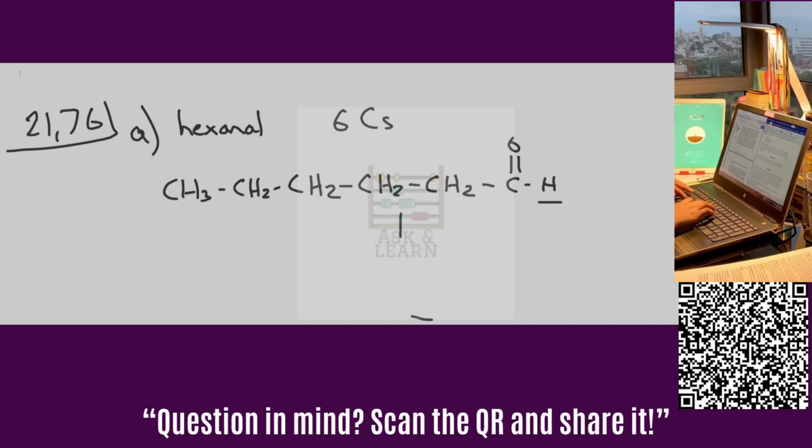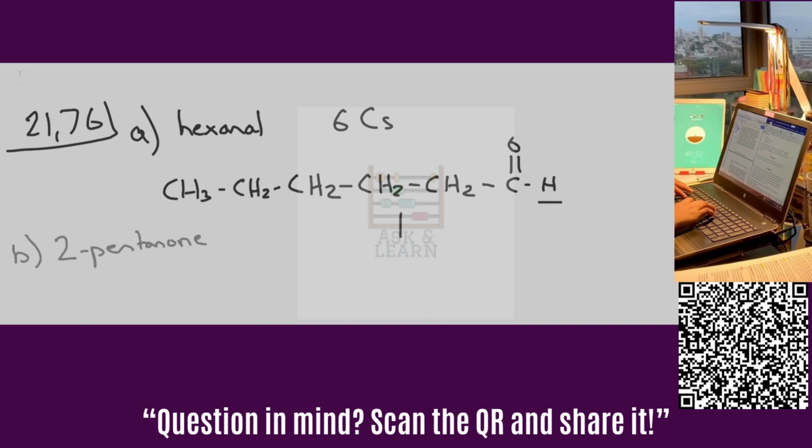So let's go ahead and move to part B, excuse me. In this part, we're given 2-pentanone. So we know that this molecule has to be 5 carbons long because of the PENT prefix.